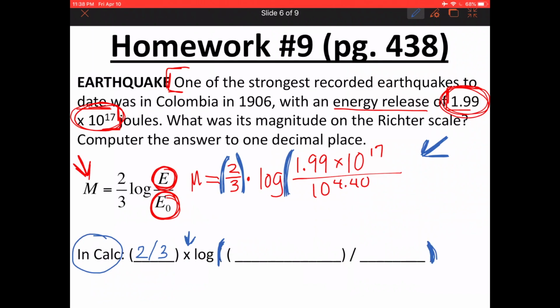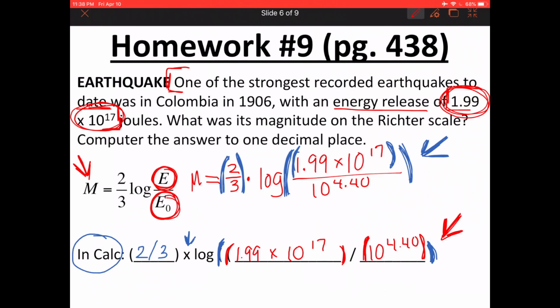But then you also want additional parentheses just around the numerator, so additional parentheses just around the 1.99 times 10 to the power of 17. Our 10 to the power of 4.40, you don't need additional parentheses, but if you wanted to, you certainly could. All right? So this is how you should be entering this equation into your calculator.